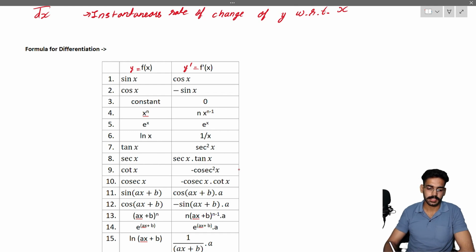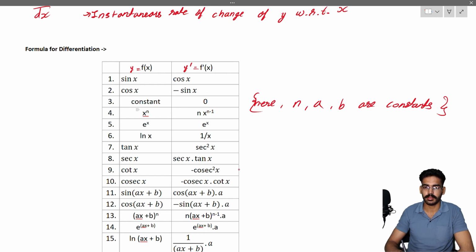Let's write here also. Here n is a constant, and a, b are constants. You have to see this: n is constant, so for x to the power n, the differentiation will be n multiplied by x to the power n minus 1.